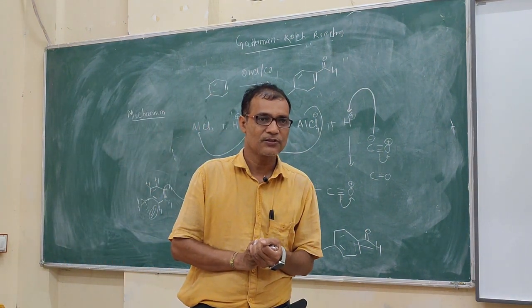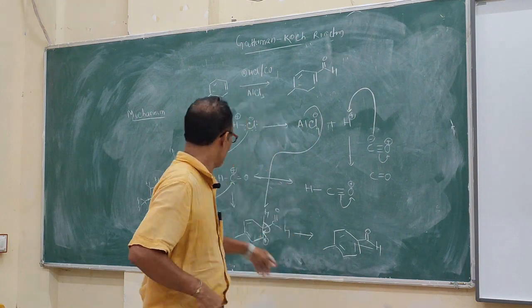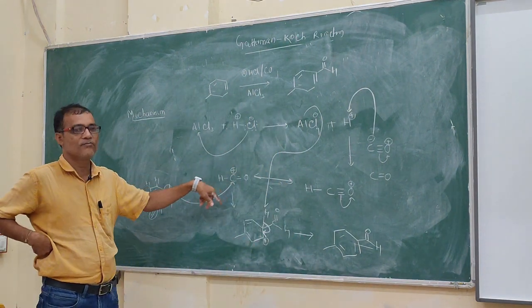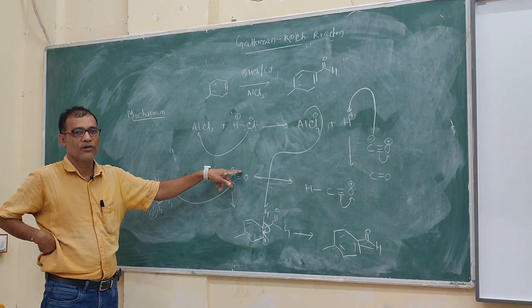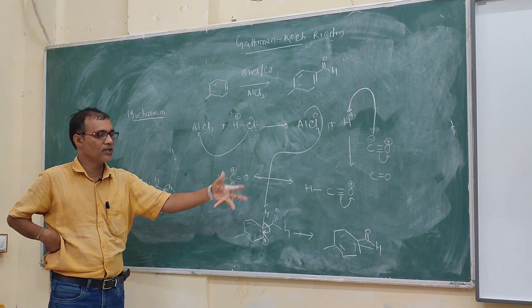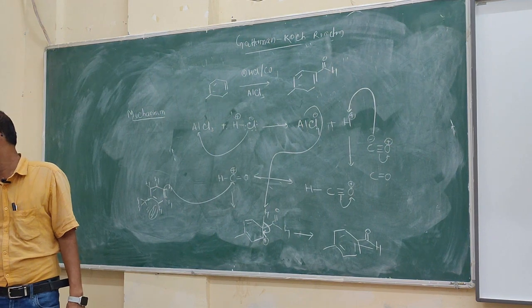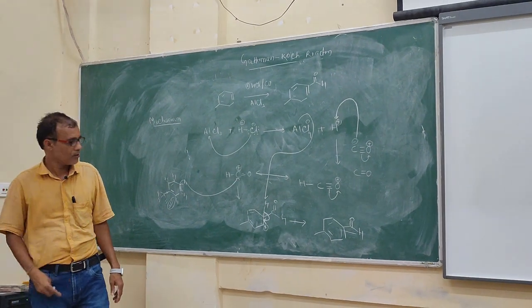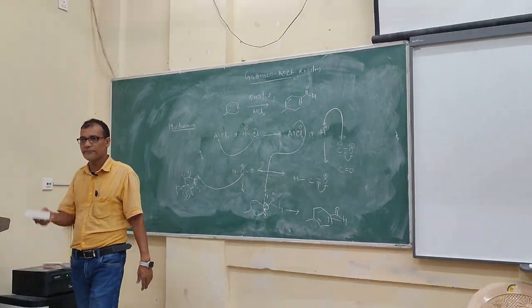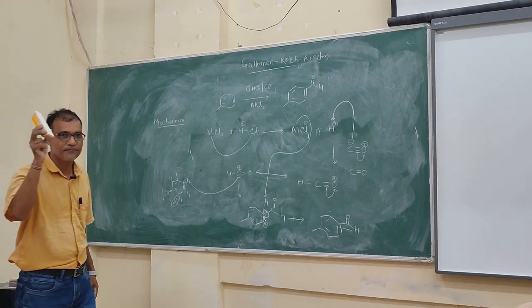Electrophilic. No, C plus. And now this one will attack the C plus and you get the product. So there are a lot of problems, and you can see them in the books. Is the mechanism clear? Okay.